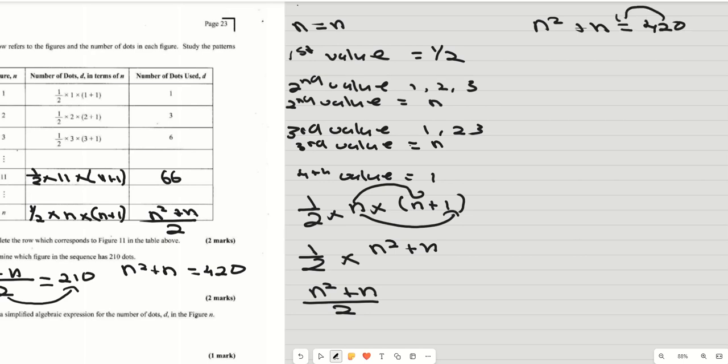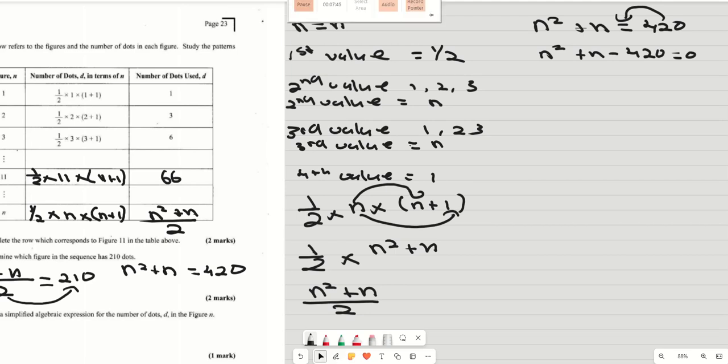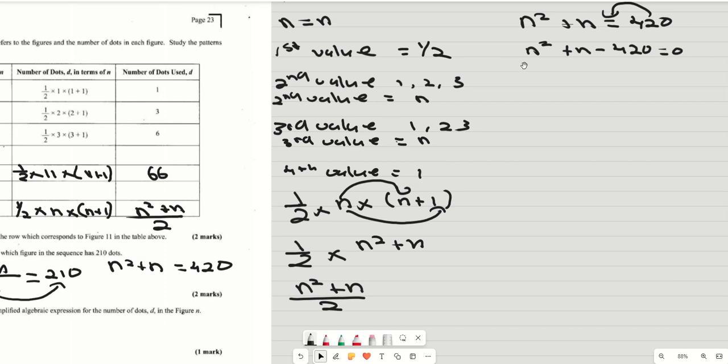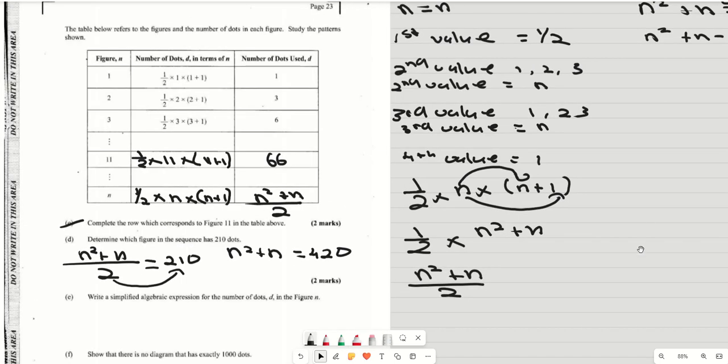You carry across the 420 here, so you get n squared plus n minus 420 is equal to 0. And if you look at this, right, you could do it this way and then use your quadratic formula to solve this. Or, which is an easier way, I'll do it this way, right?